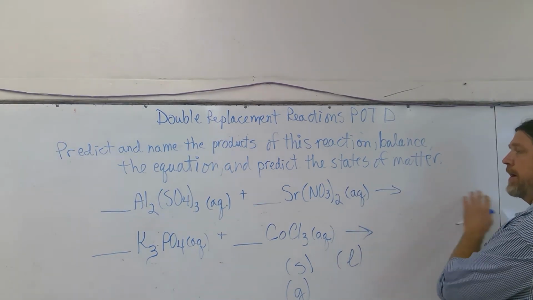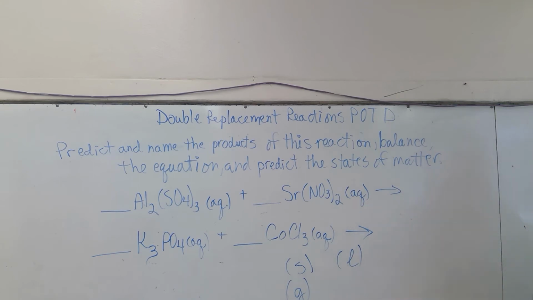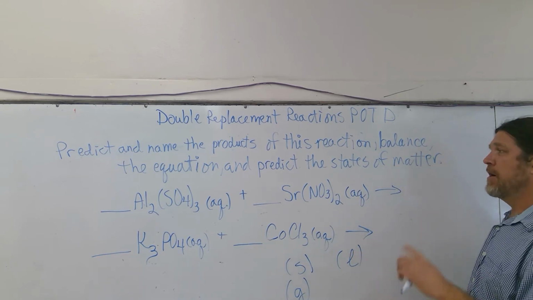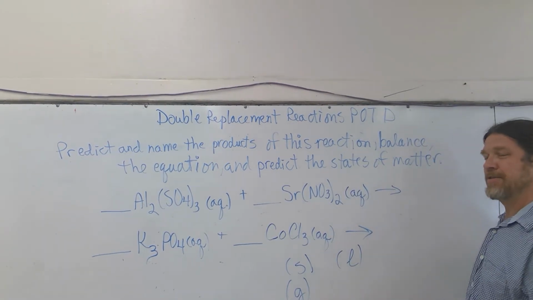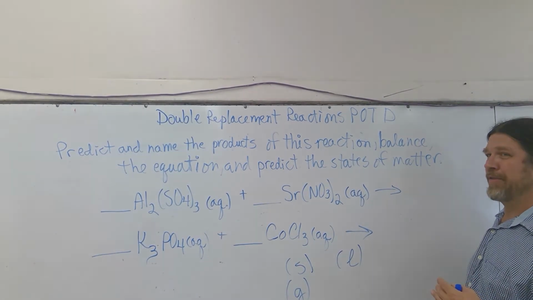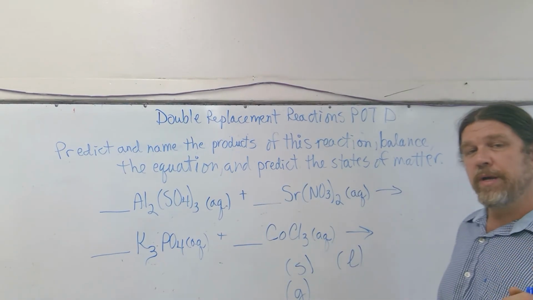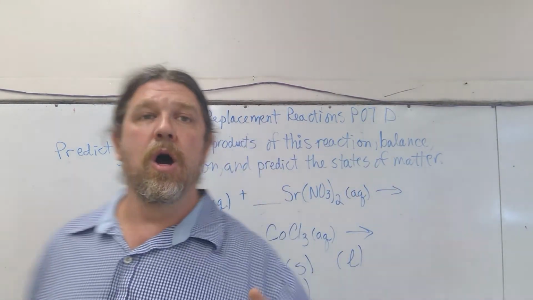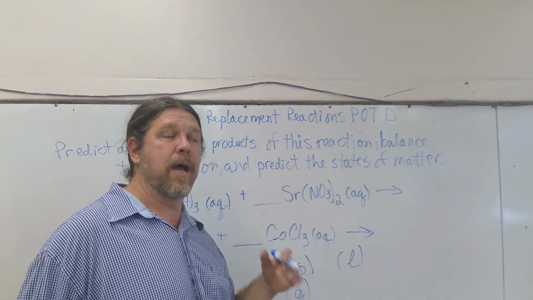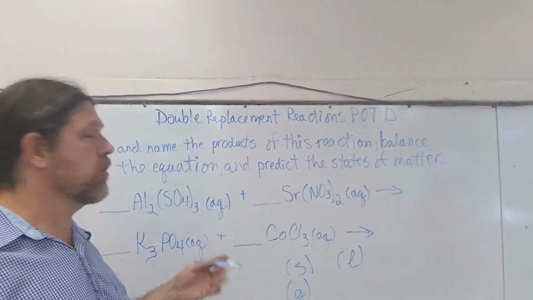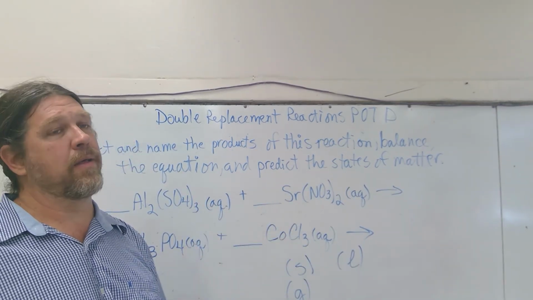So that way your balanced equation shows the two products for each reaction as having either AQ after it or S. I can tell you neither of them are going to produce gases or liquids, so it's either one or the other. But at any rate, follow the rules and the techniques that we have been working on this week of getting from two unbalanced reactants to balanced products by looking in terms of charge and balancing for charge and then balancing for mass.